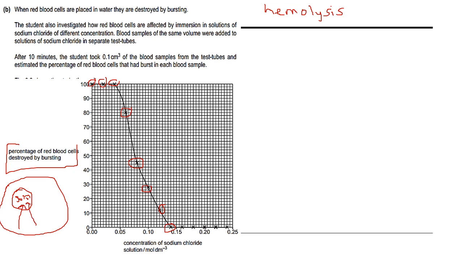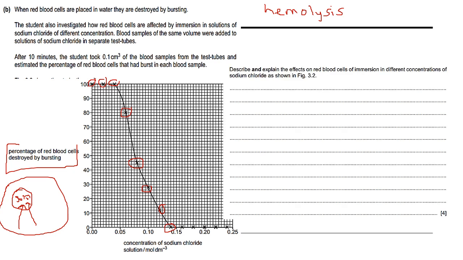All right, because the water potential on the outside is higher than water potential on the inside, so water will move into the cell. Now, because there is no cell wall, the cell will start to swell because it's getting a lot of water, much more than it requires. And if it gets a lot of water to a certain extent, it will burst, and that bursting is what we call hemolysis for red blood cells. So let's see what the question says, just giving you that explanation ahead of time.